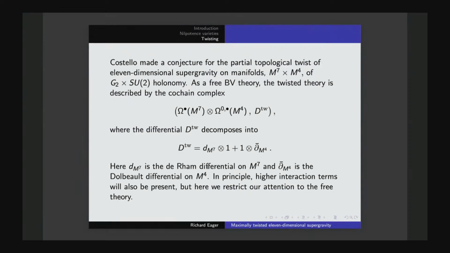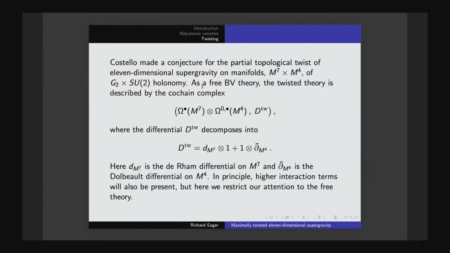So the goal of the latter half of this talk is to derive Costello's conjecture for the partial topological twist of 11-dimensional supergravity on manifolds M7 times M4 of G2 times SU2 holonomy.